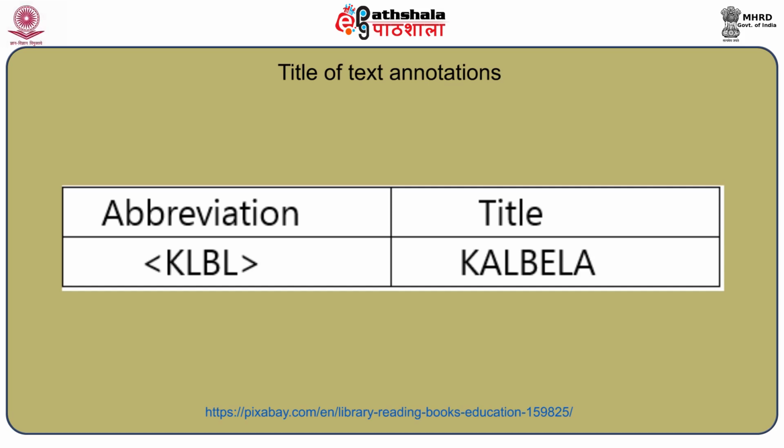As I have mentioned, the abbreviation KLBL code has been used for a fiction known as Kalvela. In this case, it looks quite simple, but it is not always the case, because in many cases the title is very big and has to be put within 4 characters. One has to use some kind of intelligence to make the abbreviated form.